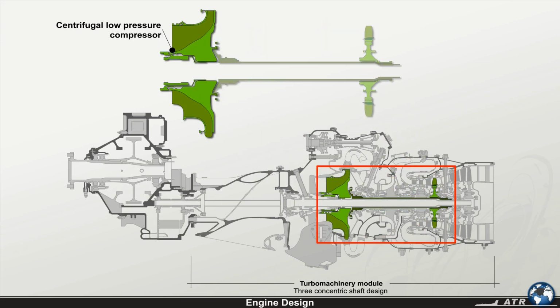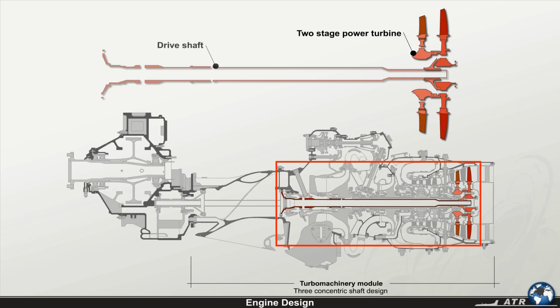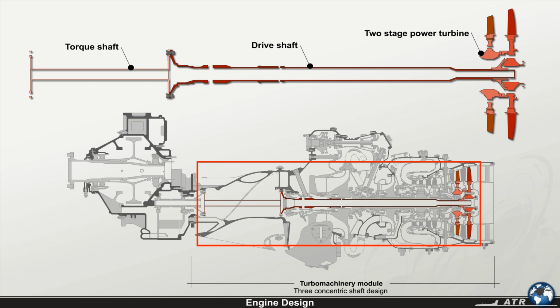The centrifugal low-pressure compressor driven by a single-stage low-pressure turbine forms the low-pressure spool. The two-stage power turbine and drive shaft is connected to the torque shaft, which drives the reduction gearbox.